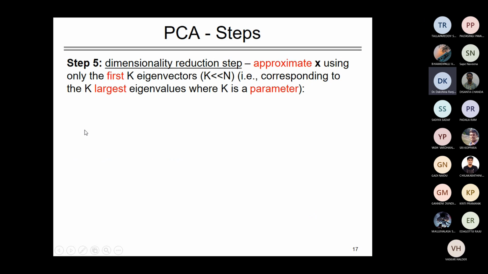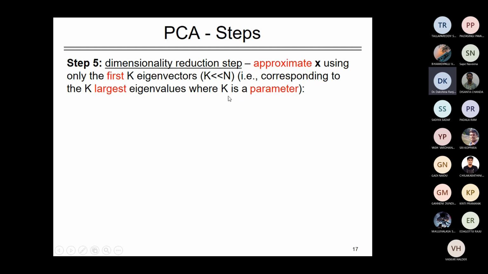Now to reduce the dimension of the given feature vector, we have to approximate the feature vector x using only the first k eigenvectors, where k is much less than n. These correspond to the k largest eigenvalues, where k is a parameter, so we have to provide this value k.